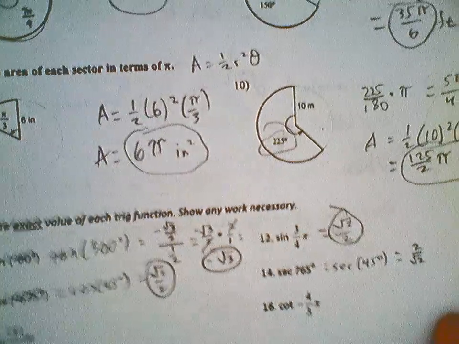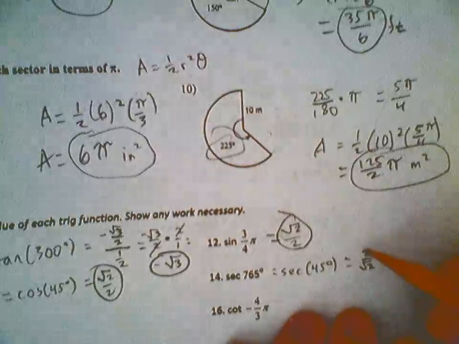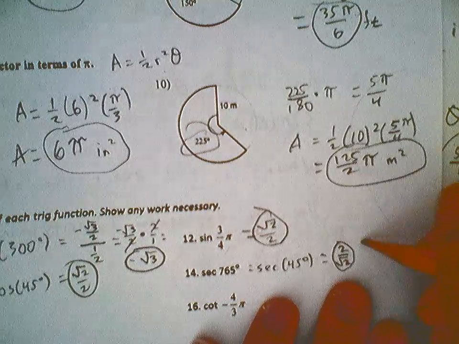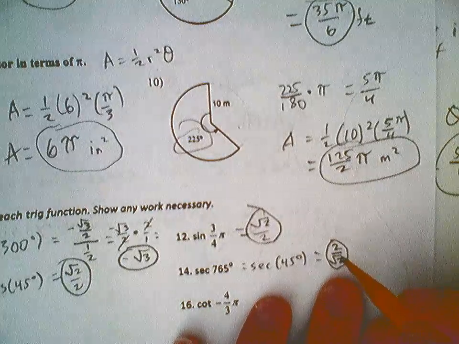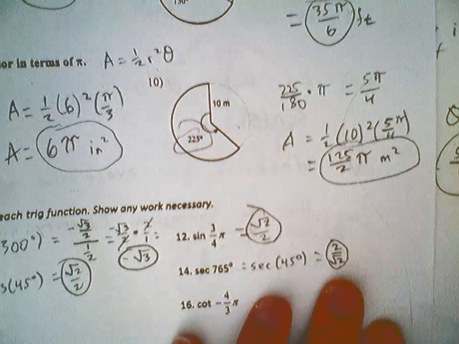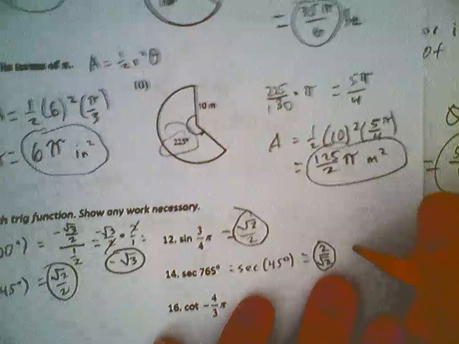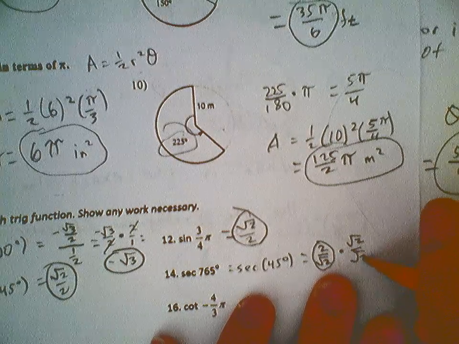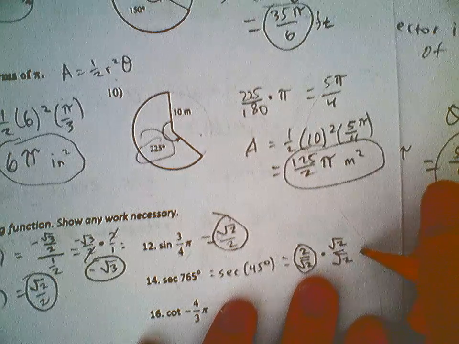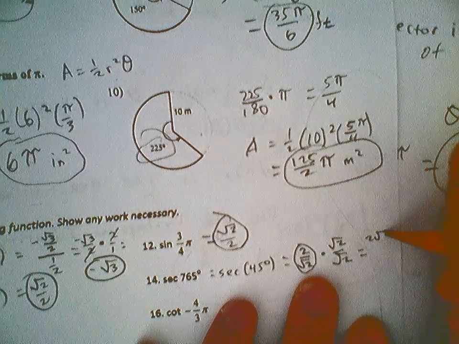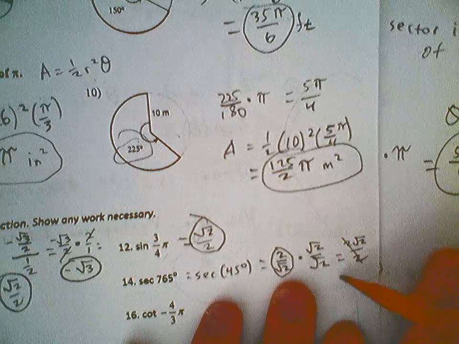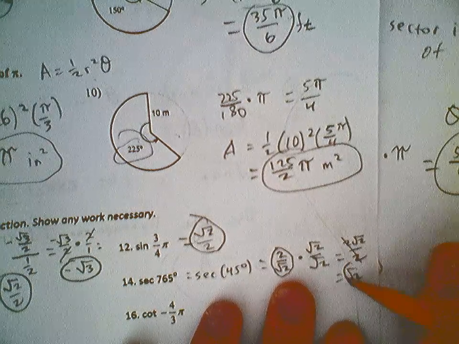Now this is an exact answer, but most of the time you're going to see this answer with a rationalized denominator. So to do that, we multiply by square root of 2 over 2, and we get 2 square root of 2 over 2, which simplifies to square root of 2.